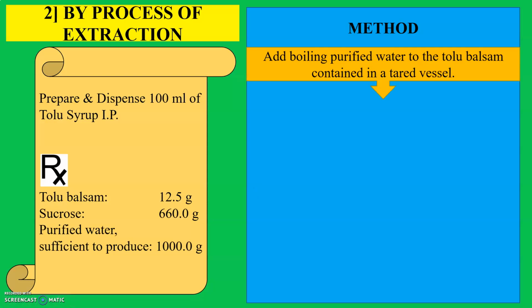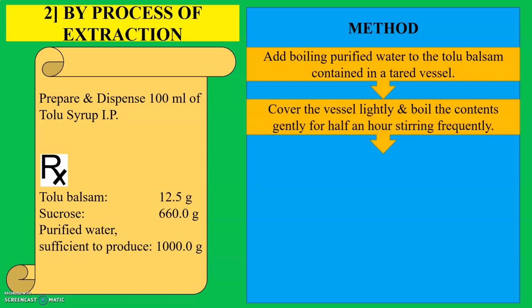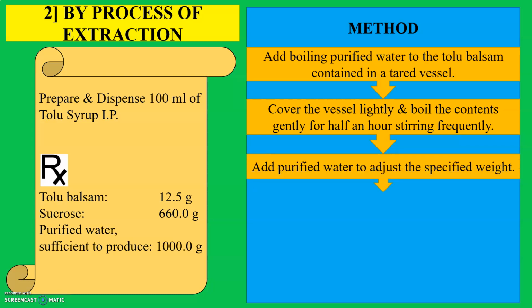First, add boiling purified water to the Tolu balsam contained in a tared vessel. Then cover the vessel lightly and boil the contents gently for half an hour, stirring frequently. Then add purified water to adjust the specified weight.